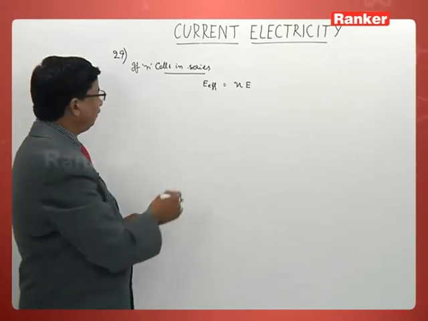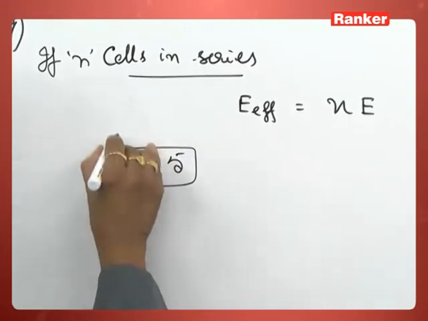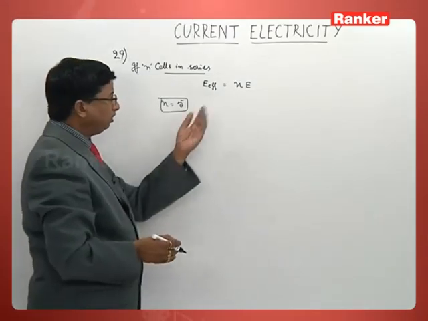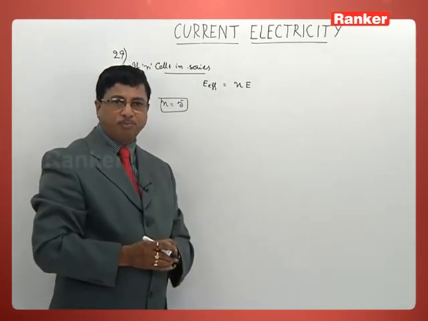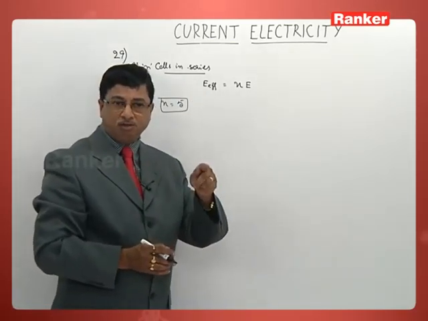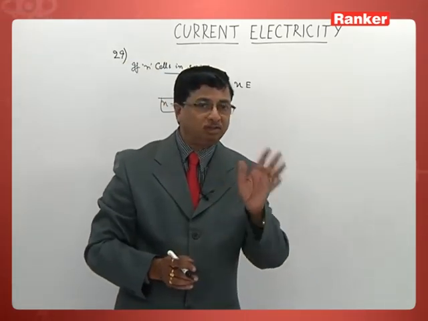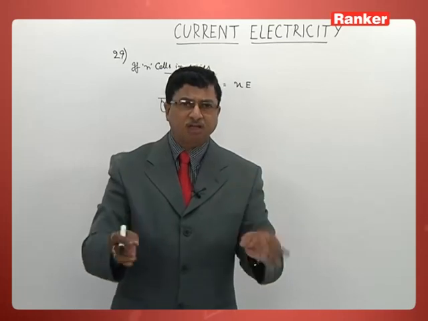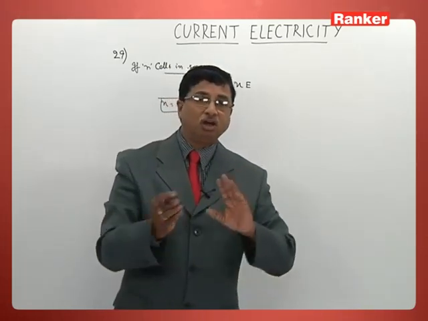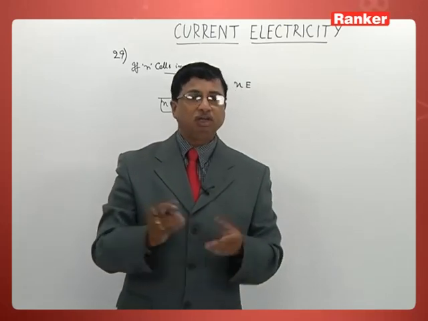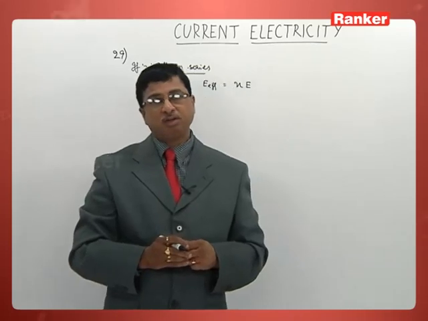Now in this case, N is given 5. So naturally what we expect? Effective EMF is supposed to be 5E. But he gave a wonderful clue there. He did not connect all of them in series. By mistake, one cell is reversely connected. Wrongly connected means what? It's reversely connected. All of us can understand straight away.